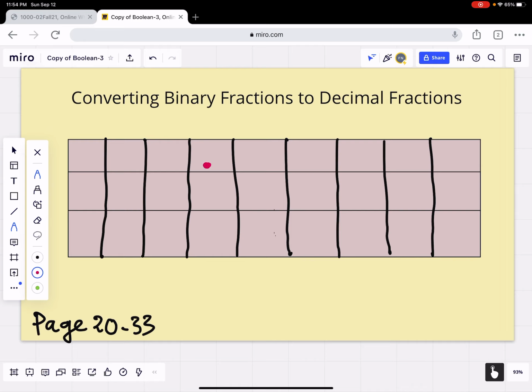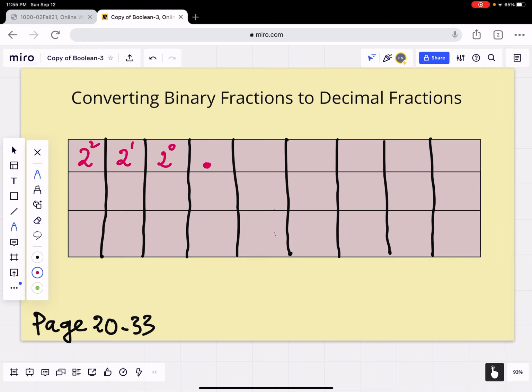If I have the first number, 2 to the power of 0, second number 2 to the power of 1, and 2 to the power of 2, those, the whole number, are to your left of the binary point.